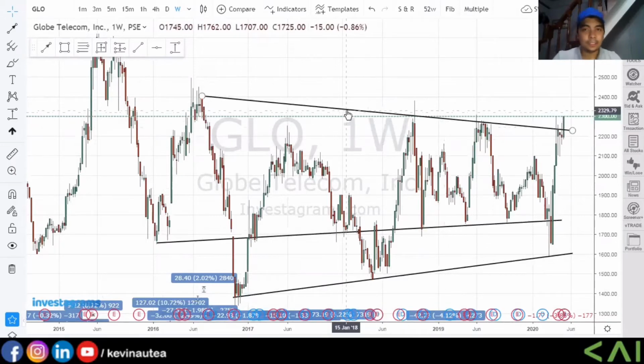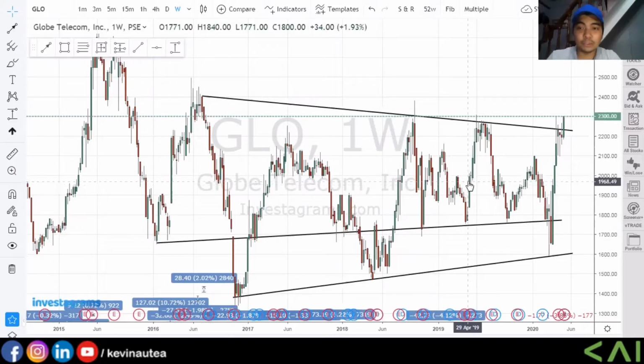Again, these are not direct lines, these are areas. So maybe if you are trading or investing in Globe, you can buy and sell at these positions. You are buying here at the support. Maybe you cannot buy exactly at this point, but somewhere around this point.